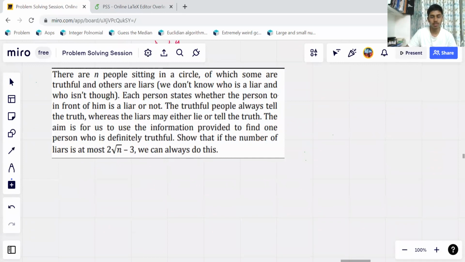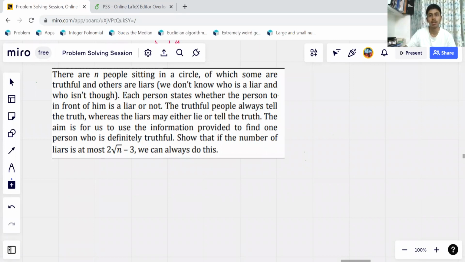Truthful people always start. Who's definitely truthful is just someone who said the truth. He doesn't have to be a non-liar. What do you mean non-liar? Liars can also tell the truth. So if we point to a liar who said the truth, that's also fine. No, there's no real way to differentiate between them.